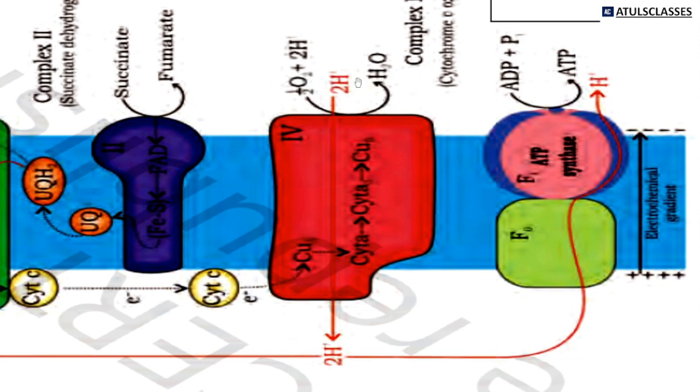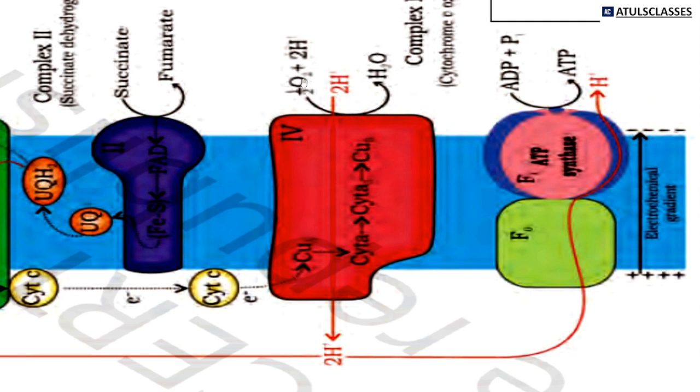Now this hydrogen was formed during the change in FADH2. Now finally, what is the position of the electron? The electron has moved to copper ion, then to cytochrome A, A1, and again the copper.